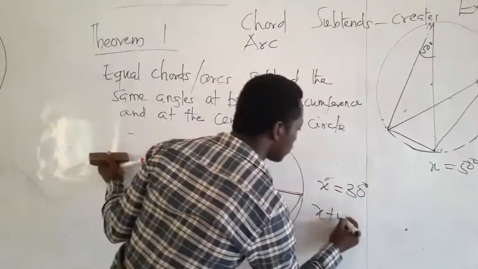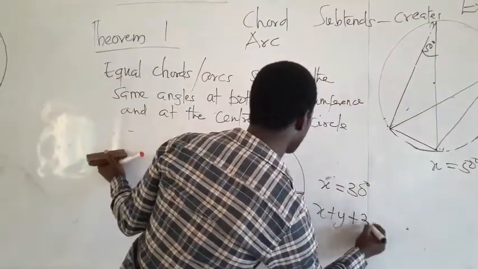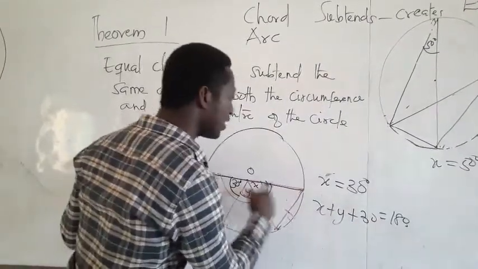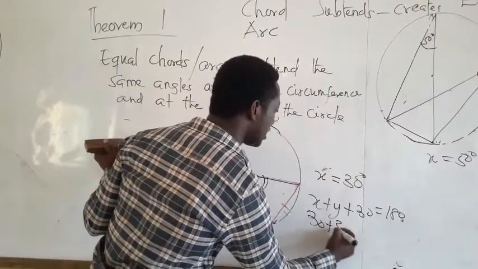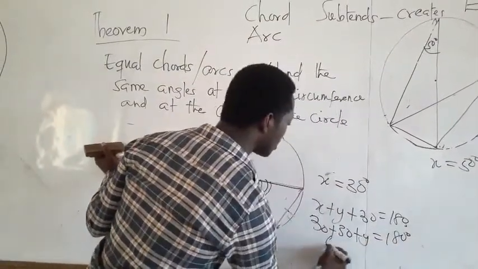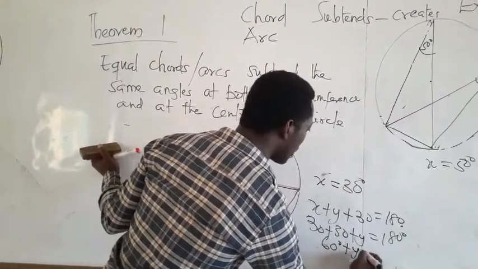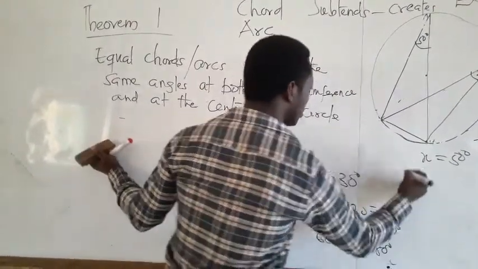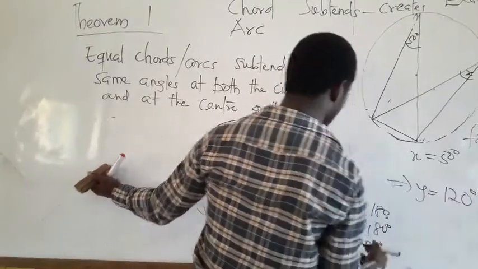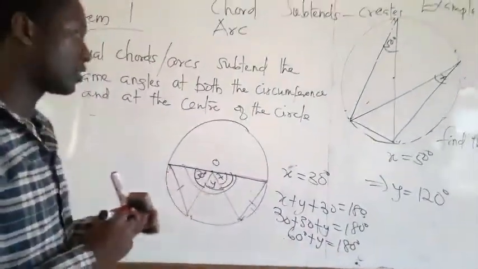So x plus y plus 30 degrees is equal to 180. Since x is now 30, it is 30 plus 30 plus y equals 180 degrees. So 60 degrees plus y is equal to 180 degrees. Therefore, y is equal to 120 degrees: 180 minus 60 is 120 degrees.